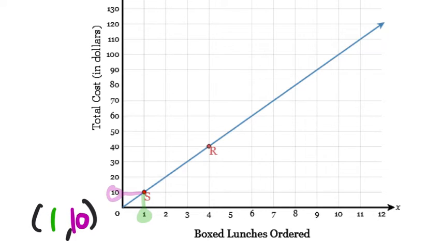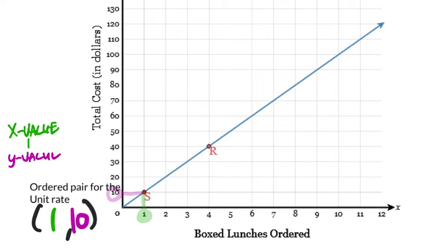So this would be my ordered pair for the unit rate. So yeah, we found the ordered pair for the unit rate. But can we interpret that? Yes, we can. We can see here that the x value is 1 and then its corresponding y value is 10.